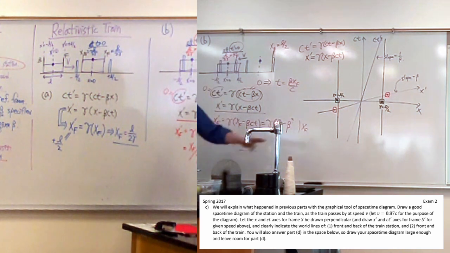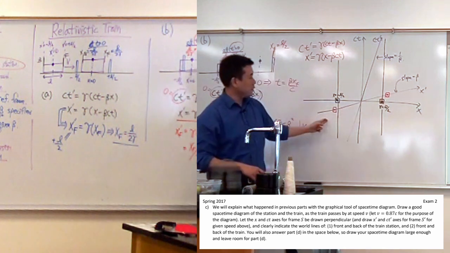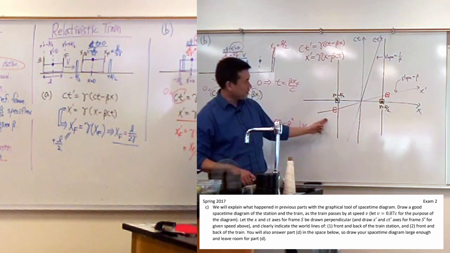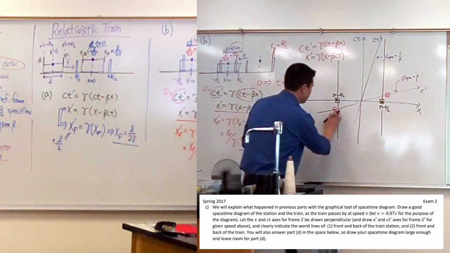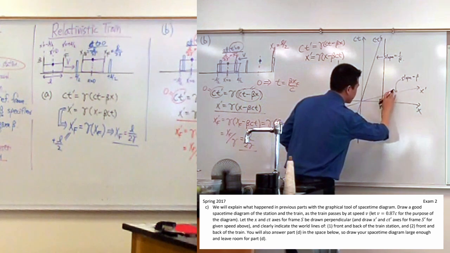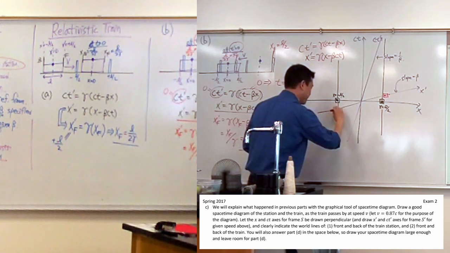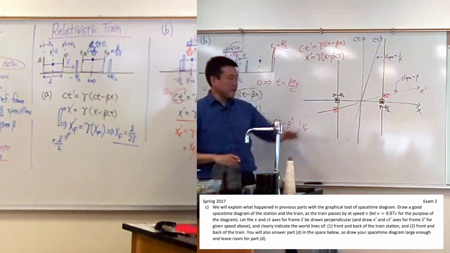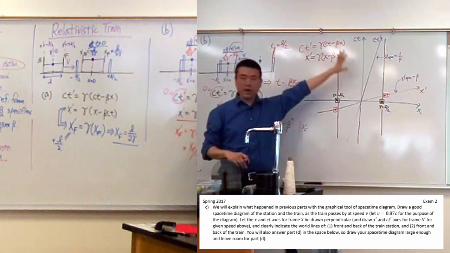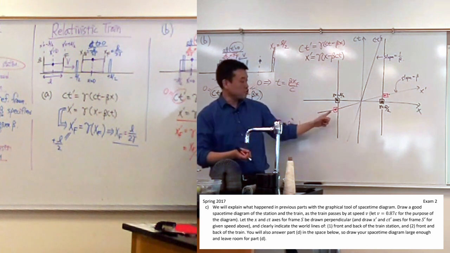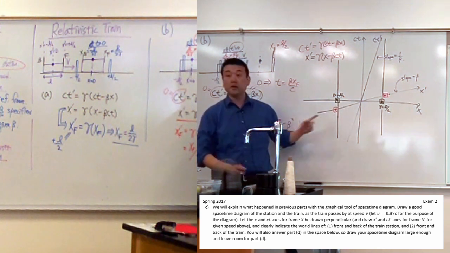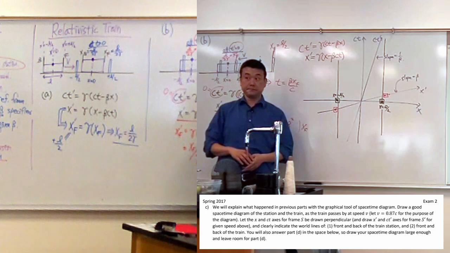And how do the front and back of the... I didn't quite draw this right. Sorry, I didn't quite draw this to scale. I think it should be somewhere here. That'll be easier for me to draw correctly. So in this way of drawing, what does the trajectory of the front and back of the train look like?